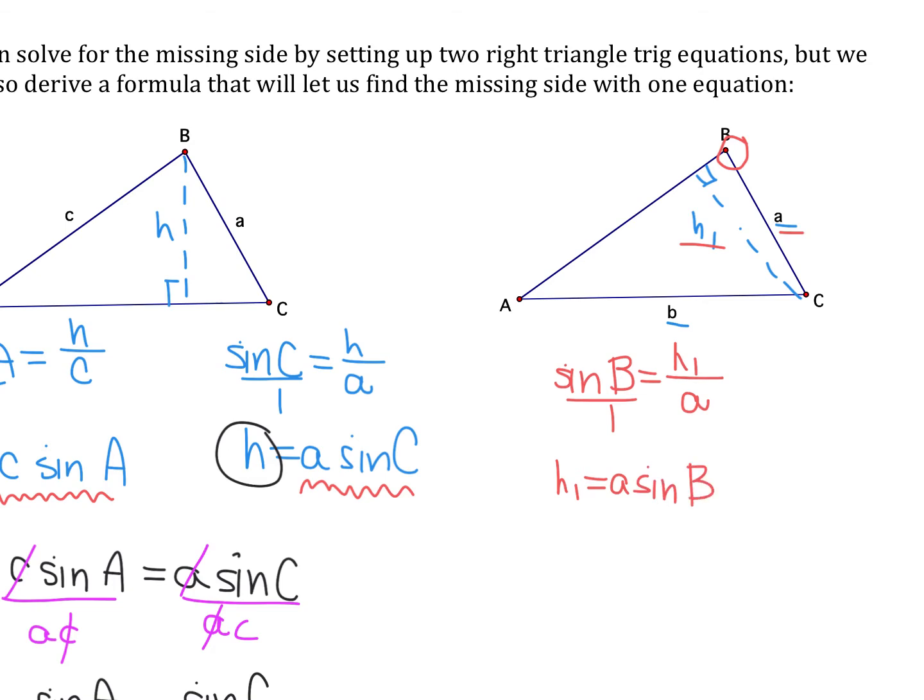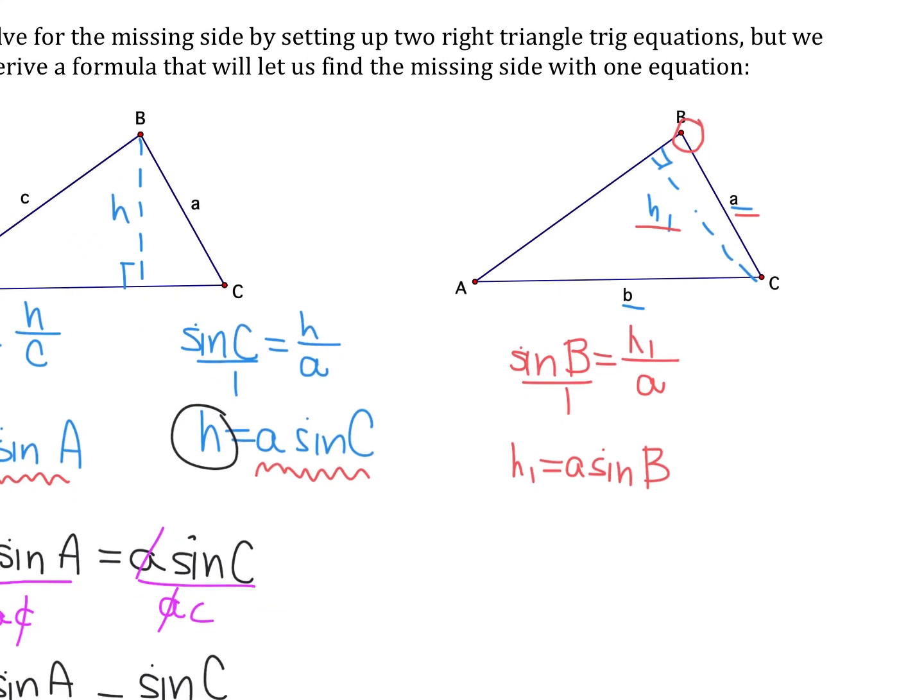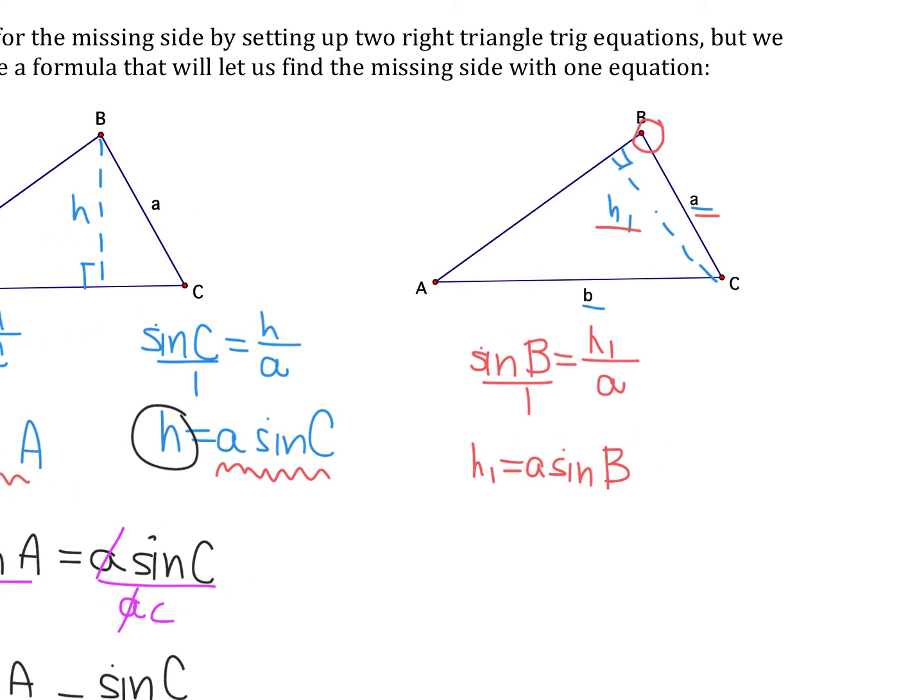Okay. Let's do the same thing, but now let's do it for angle A. It's going to be the sine of angle A equals, again, sine is opposite, so h1 over the hypotenuse, in this case, would be b.